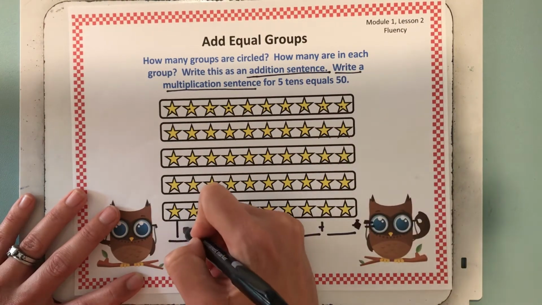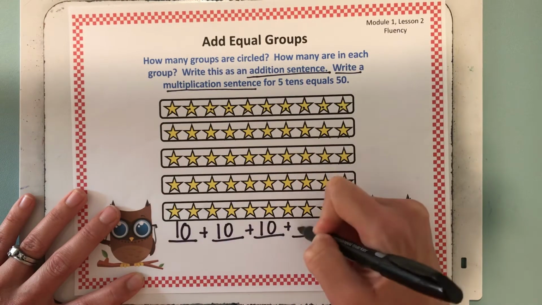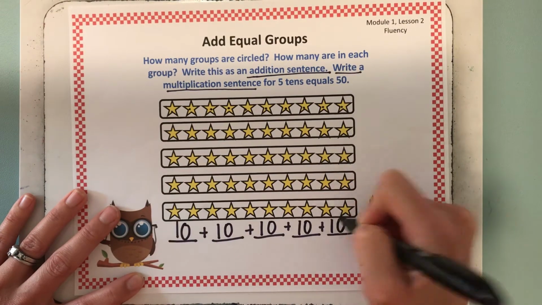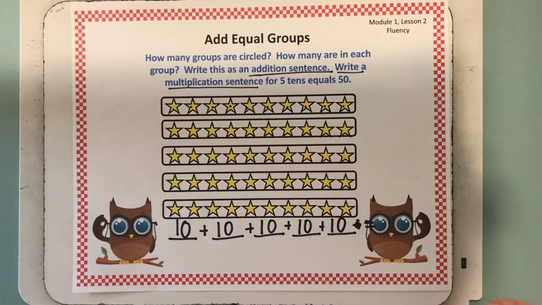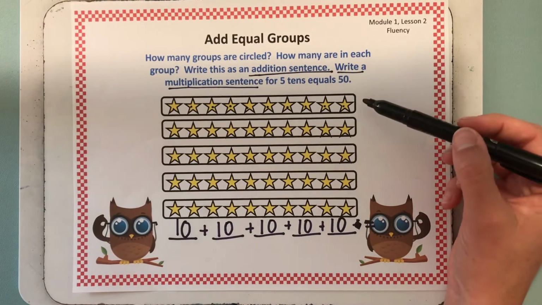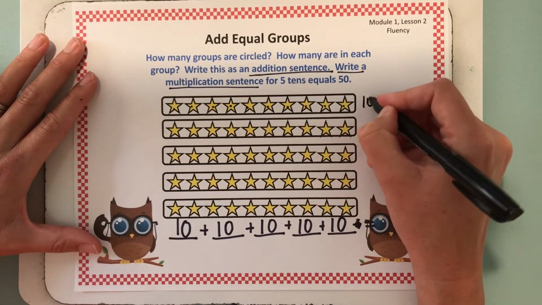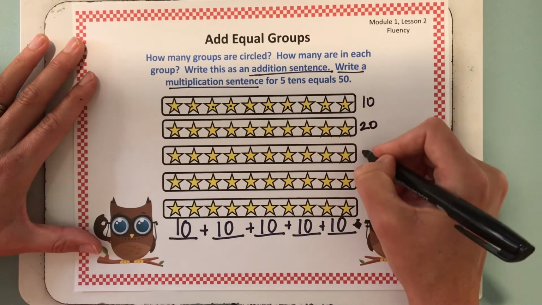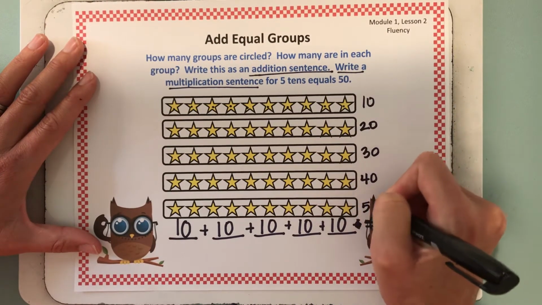So in each group, we have 10 stars. Now I know that I can count by 10, and I know you can. So let's count by 10s to see what our total is. Let's see if you got it right. You ready? 10, 20, 30, 40, and 50.